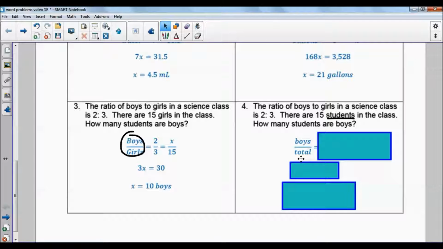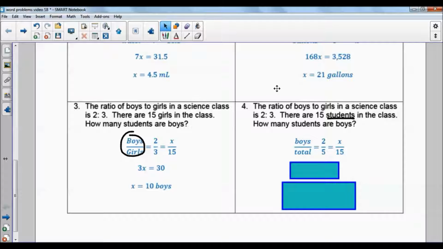Okay, so the first part now, we can't just put 2/3 in here, right? Because 2 describes the amount of boys, and 3 describes the amount of girls. So we can put the 2 on top. That part's still good. Okay, so we'll put a 2 here. But we can't put 3 on the bottom. What we're going to put is 5, right? Because if we think about this ratio, that's saying if we had 5 people, 2 of them would be boys and 3 of them would be girls.